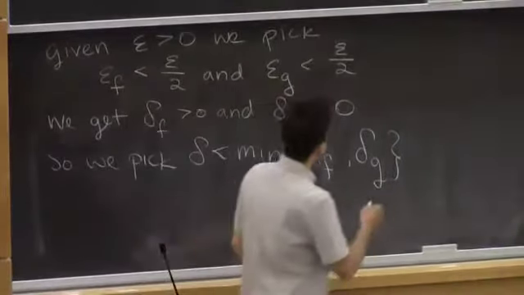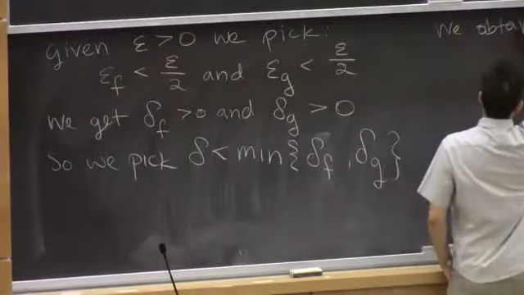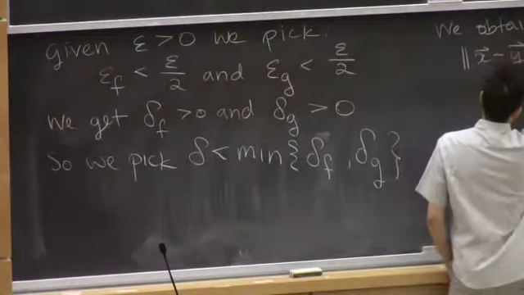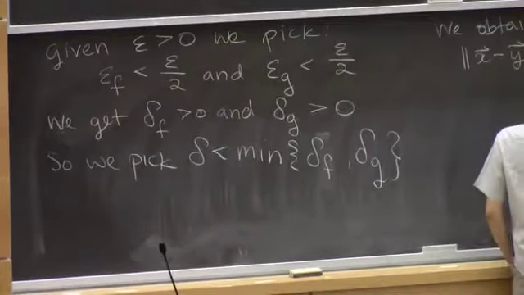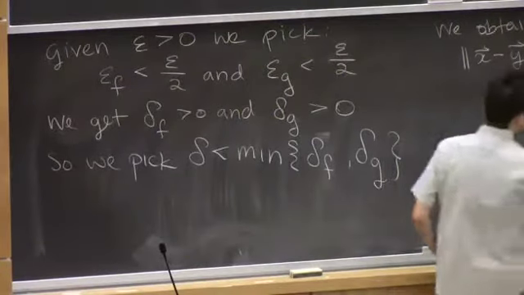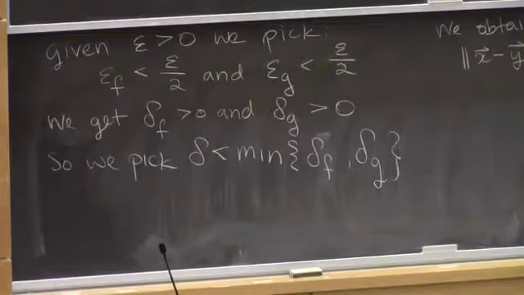Okay, we obtain, if we are less than delta, then we're less than delta f and less than delta g.